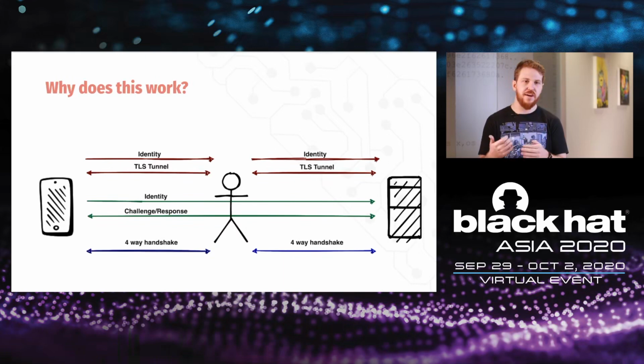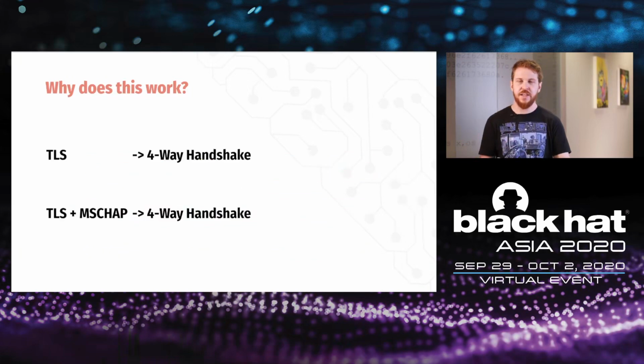And the values that go into that four-way handshake are calculated beforehand through the other interactions we've had. So unfortunately, the four-way handshake by default is only relying on the TLS portion, which we did ourselves, meaning we have the information to do the four-way handshake. We just need a way to trick the server into accepting us using that four-way handshake.